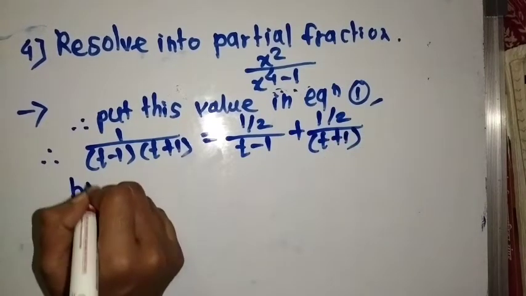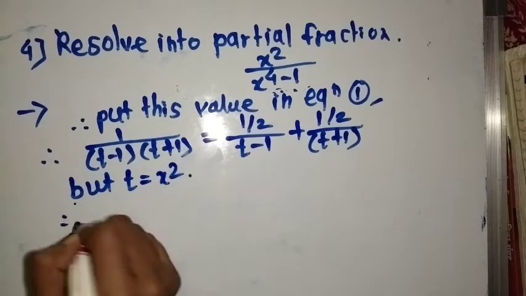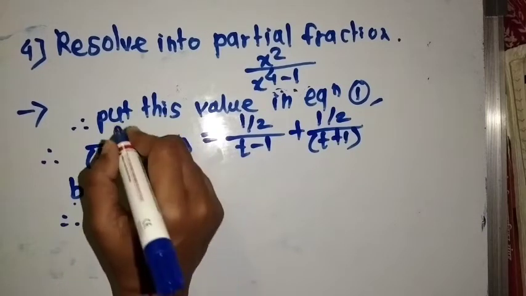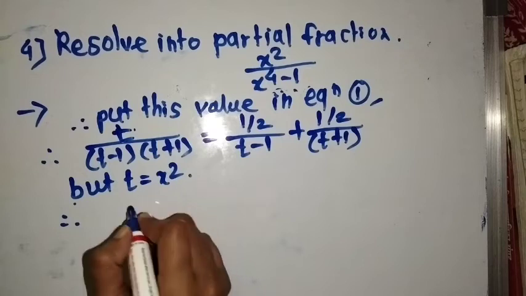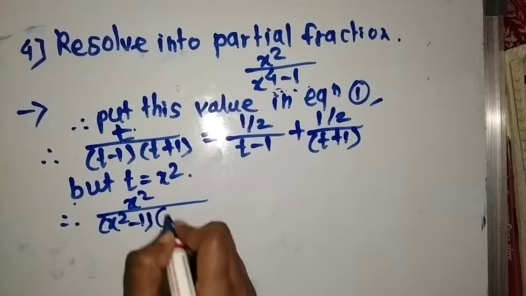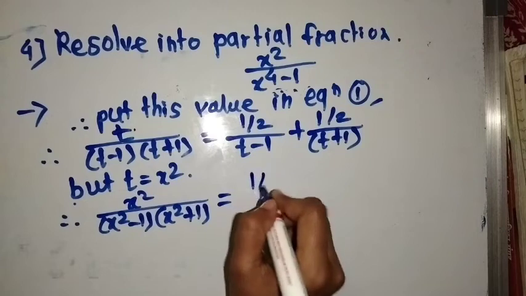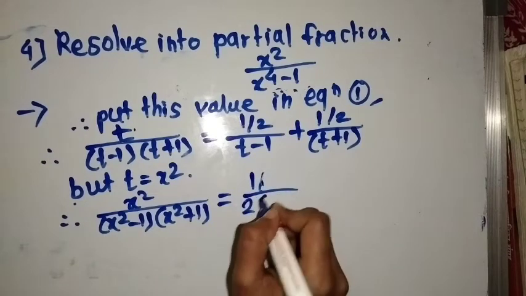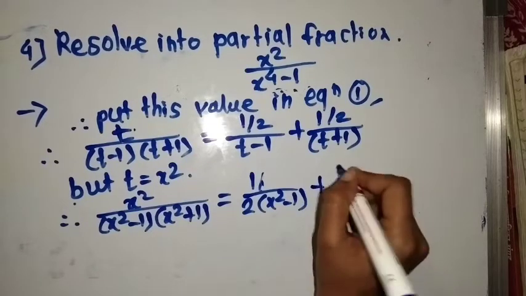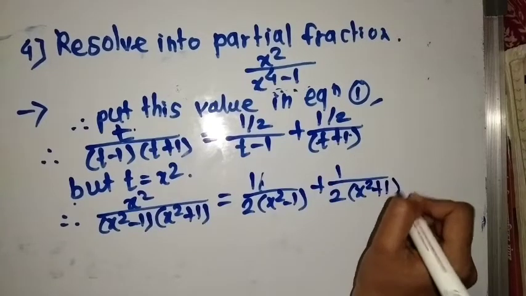Then finally, but t is equal to x square, hence we get x square upon x square minus 1, x square plus 1, put this value, 1/2 upon x square minus 1 plus 1/2 upon x square plus 1.